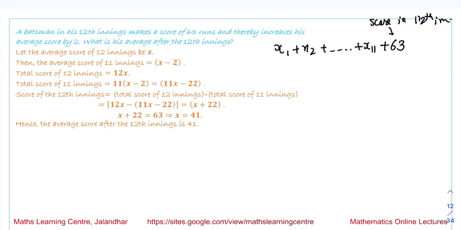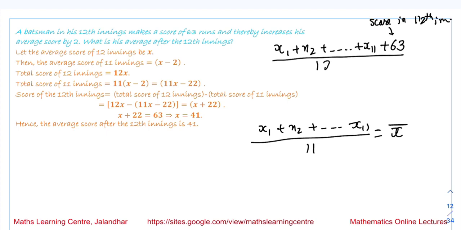Suppose in the 11 innings we are talking about x1 plus x2 plus so on up to x11. The average score that he has is x bar. Now we are saying on playing the 12th match, his average score is increased by 2. So it is x bar plus 2.